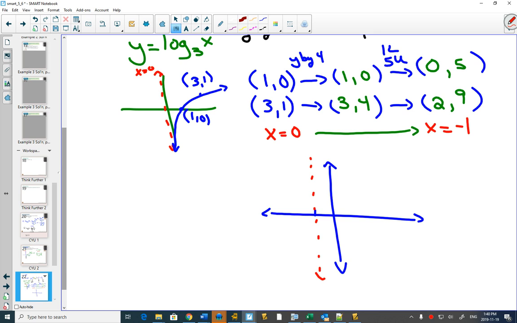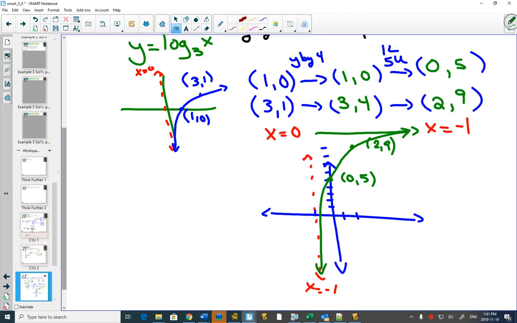Start with your asymptote. We have an asymptote at x equals negative 1. We have a point at (0, 5) and a point at (2, 9). With the asymptote, and you know what the shape of a log graph is, we can now graph our function.